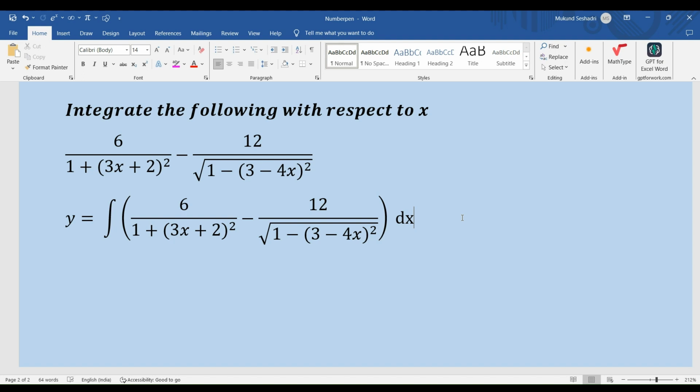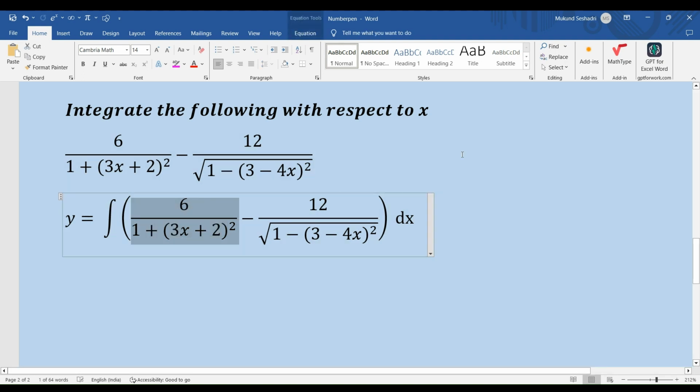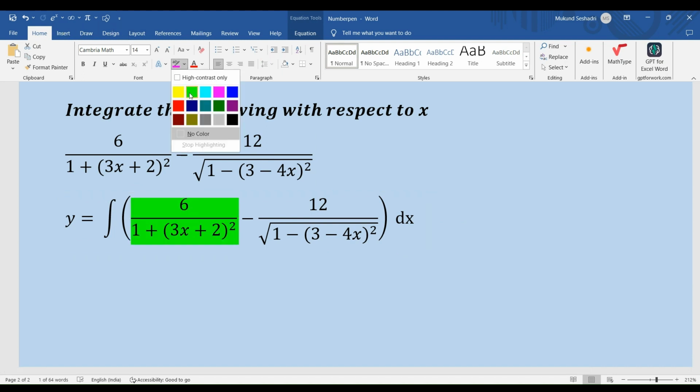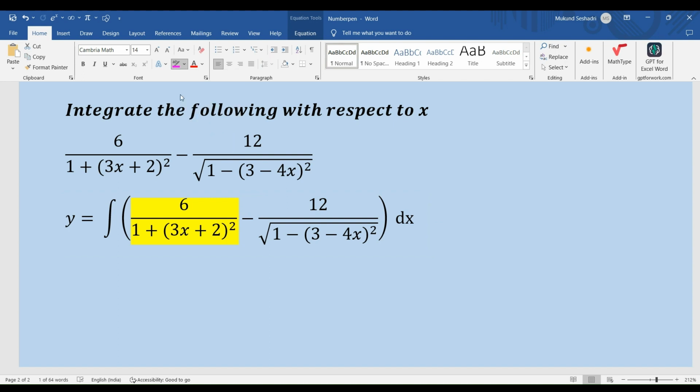So let us write down what are the formulas that we need to solve this particular problem. When I look at function 1, which is 6 divided by 1 plus (3x plus 2) the whole square, what is that formula that immediately comes to our mind, right? So we have two things that come to our mind.